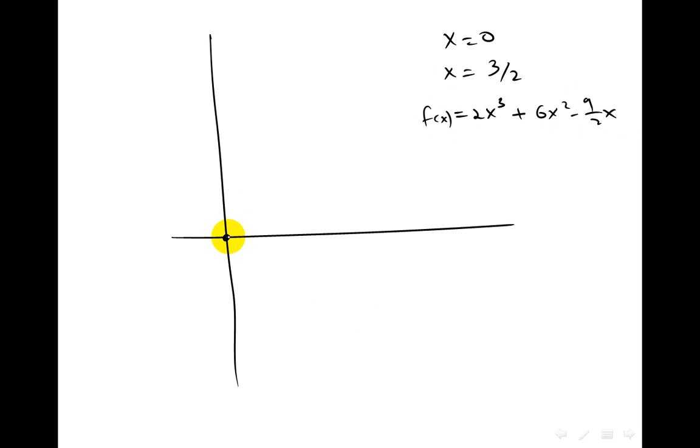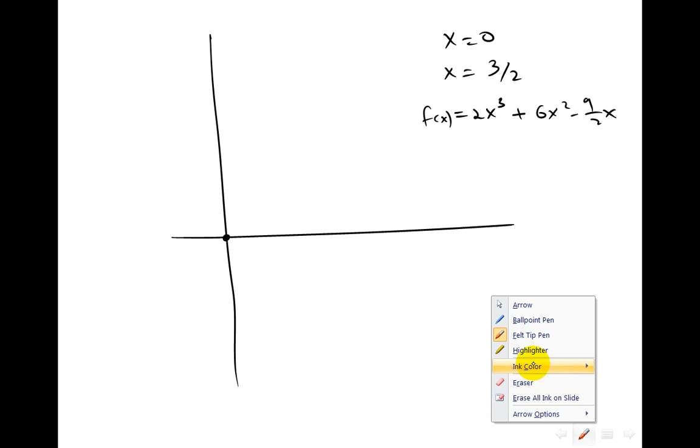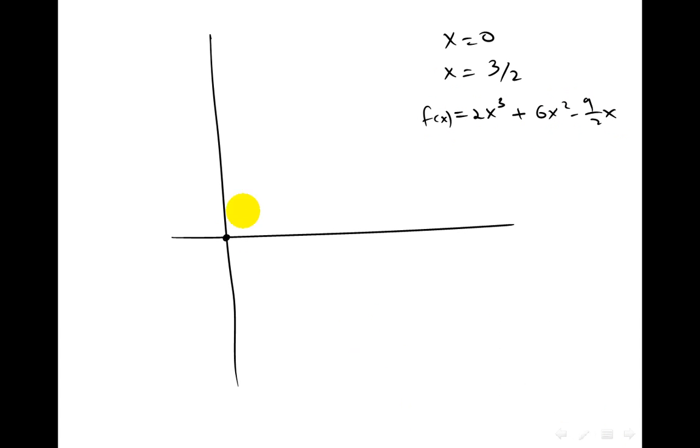So in the first place, put your x-intercepts, which are 0 and 3 over 2. 3 over 2 is 1.5, you know that.